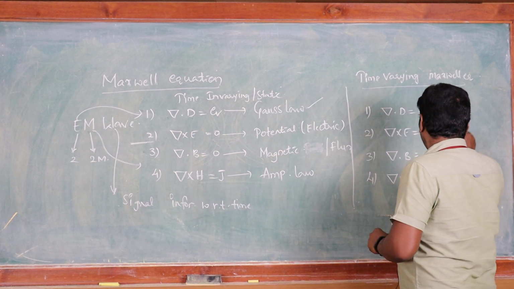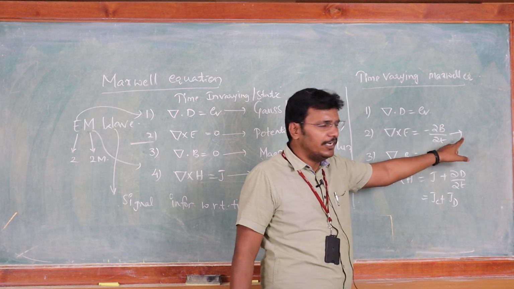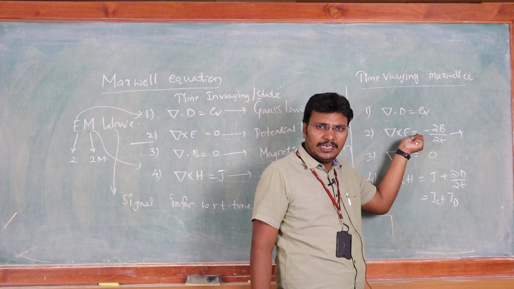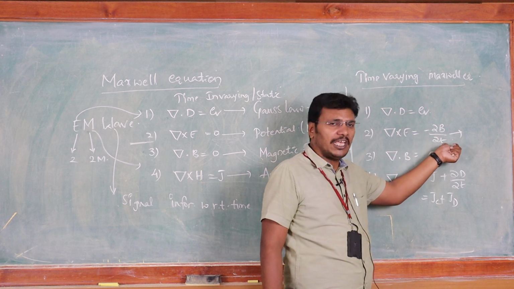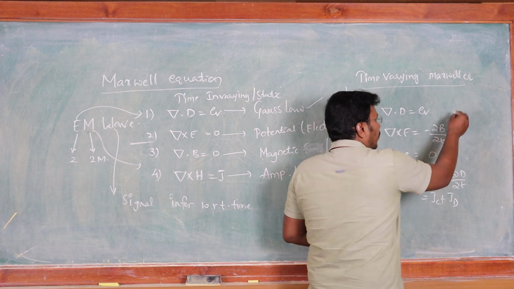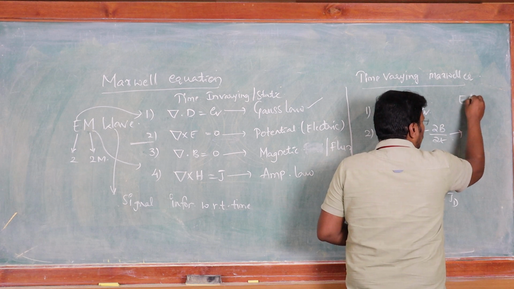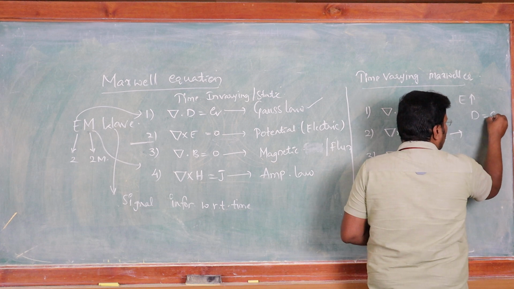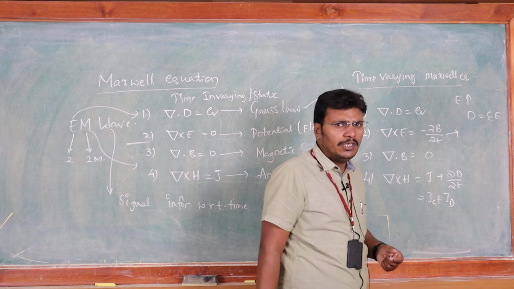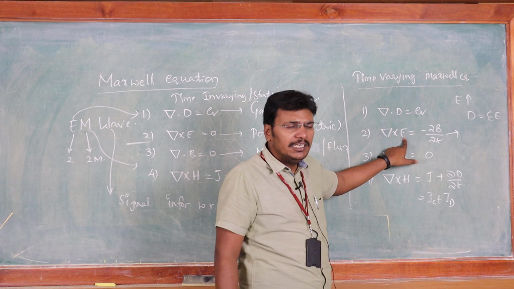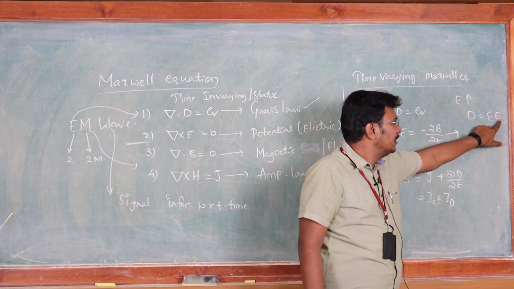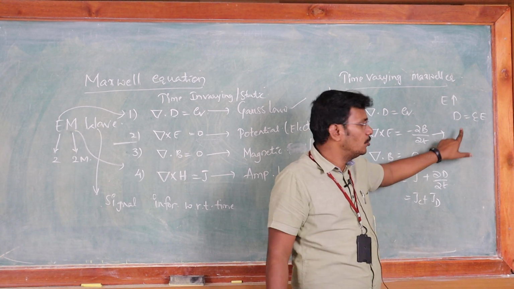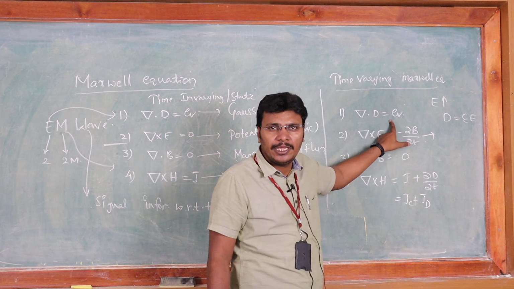For example, del cross E is equal to minus dou B by dou T. The electric field intensity E on the left side depends on the time factor. We have the relation D is equal to epsilon E, so if the electric field changes with respect to time, then the flux density also changes. That is why this is also a time varying field.